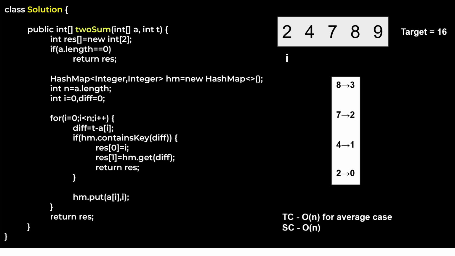If it exists, then we will simply insert the ith value in the resultant array, and we will get the index of the other element from the hash map, store it in the resultant array and return it. Otherwise, if the difference doesn't exist in the hash map, we will simply insert the element and its index in the hash map, and we will keep on doing it until we find a particular solution.